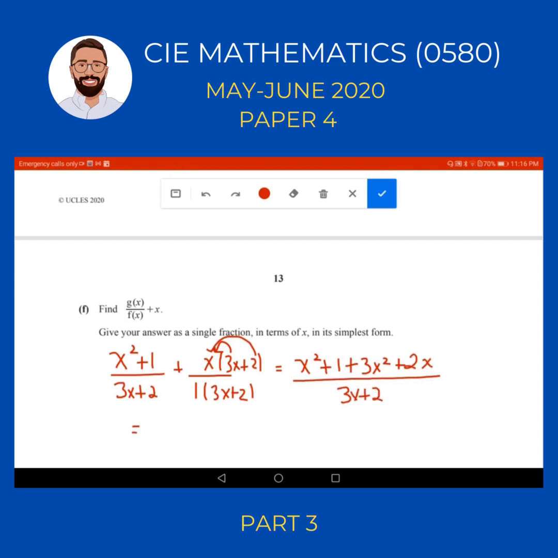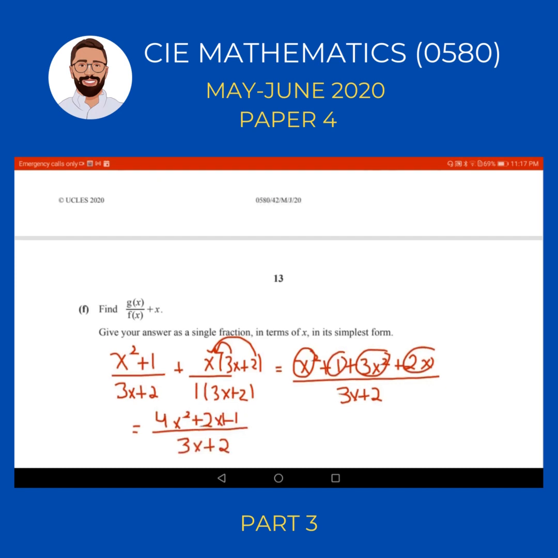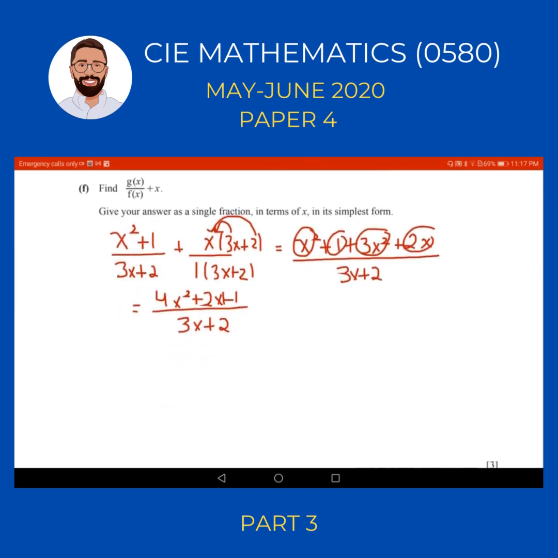So let's collect like terms. So I have x squared plus 3x squared is 4x squared, plus 2x plus 1, divided by 3x plus 2. So that's our answer to part F.